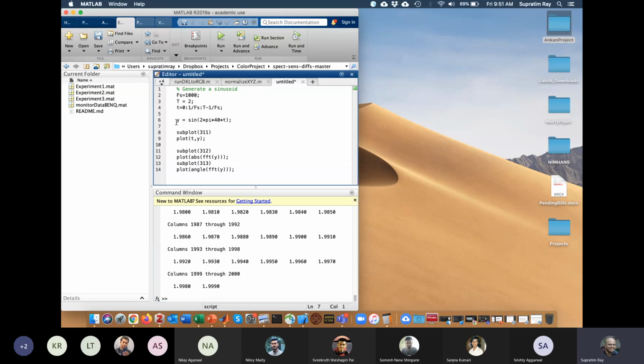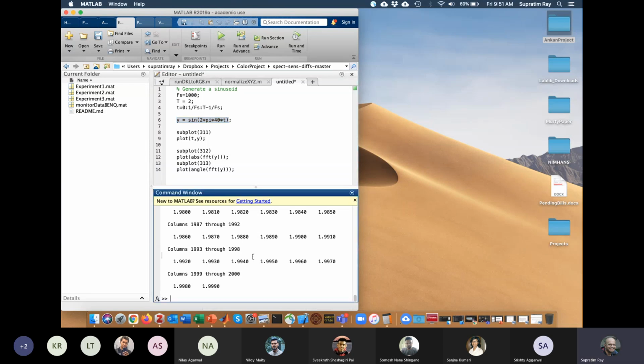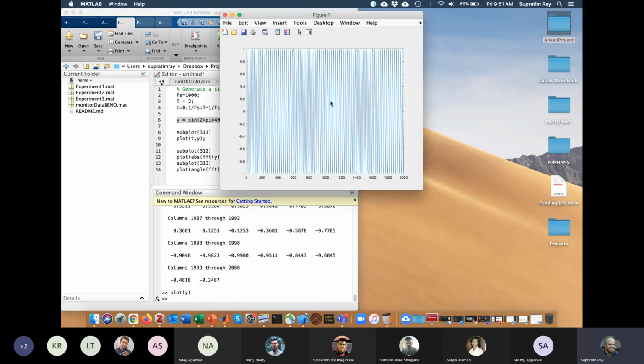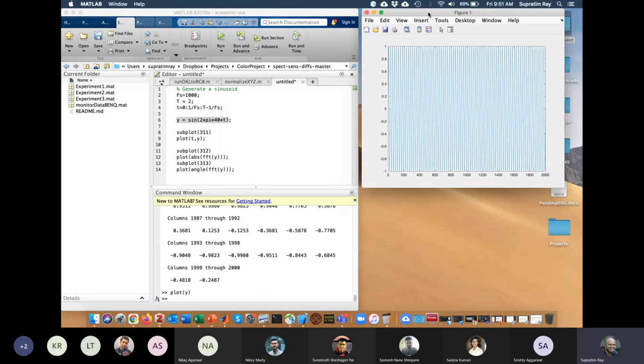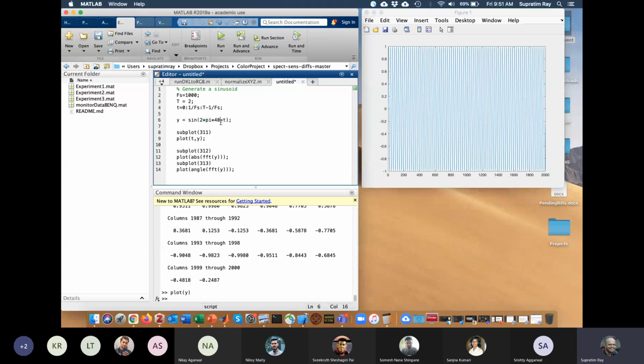Then I create a sinusoid, sine 2 pi 40 into t. So if I plot y, it's got 2000 data points, and there are 40 into 2, 80 cycles here. So that's a 40 hertz signal. Let me do 10, so it'll probably be easier to see.